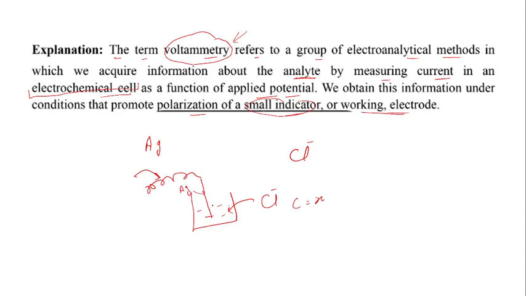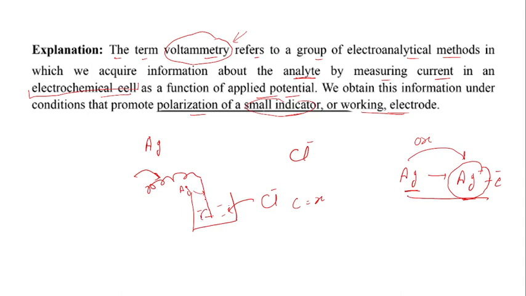If you apply a potential where the reaction occurs, Ag converts to Ag plus and an electron. So what is happening here? Oxidation. An oxidation reaction is going on. When solid Ag converts to ionic form, it is removed from the electrode and dissolves into the solution.